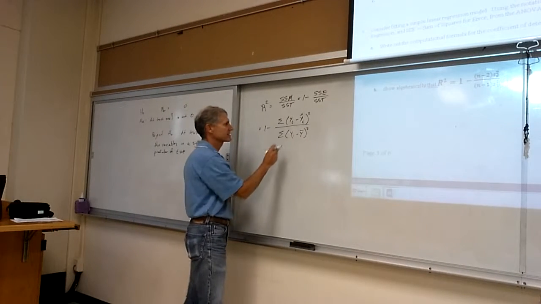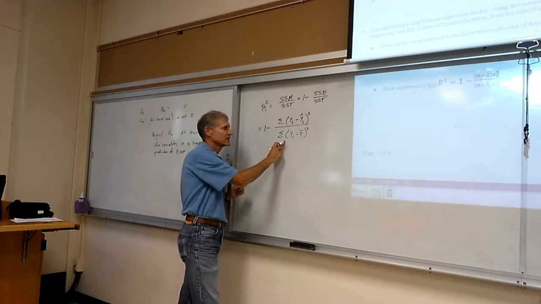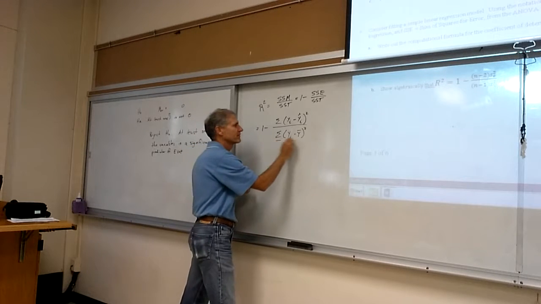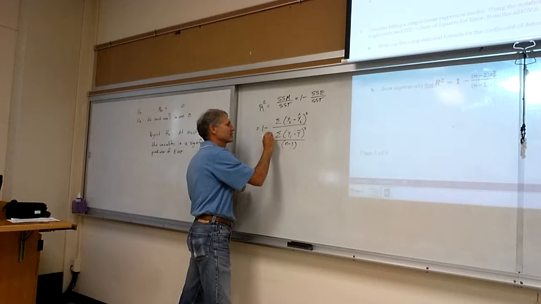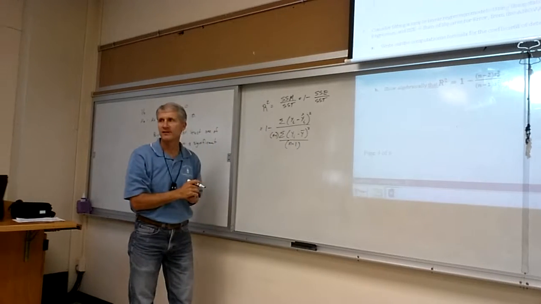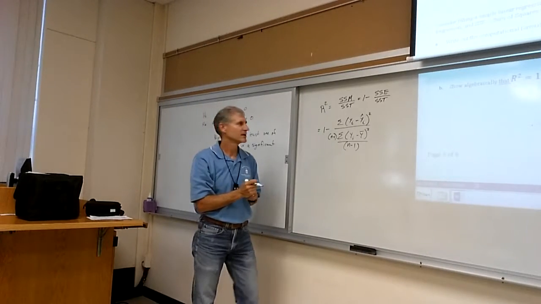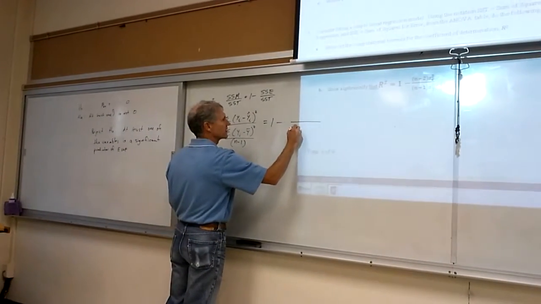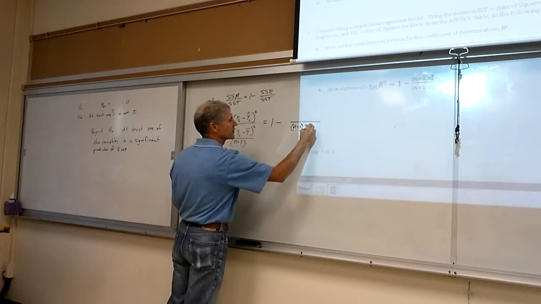Now, if I take this thing on the bottom and I divide by n minus 1, what do I get? Sy squared. So if I divide this by n minus 1 and also multiply it by n minus 1, I haven't changed it. I've multiplied by 1. But then I've made the bottom of this n minus 1 times sy squared.